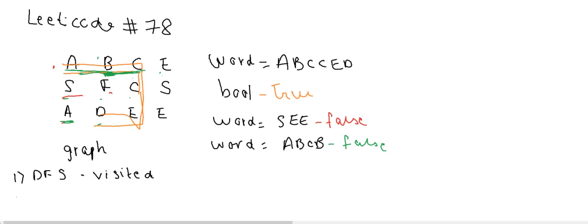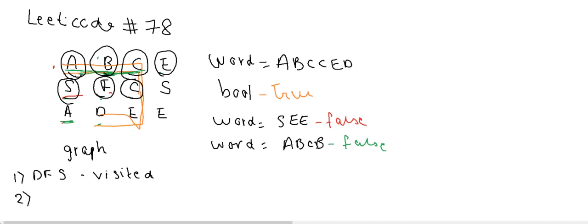And the other thing you will notice here is the word can start from any of the cells. It's not like we start DFS from just one cell. We need to start DFS from each of the cells, and check if that word is present or not.